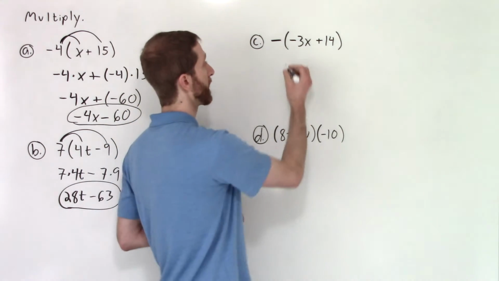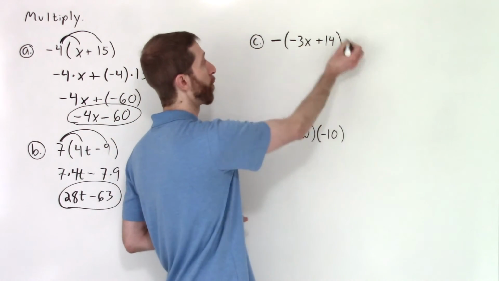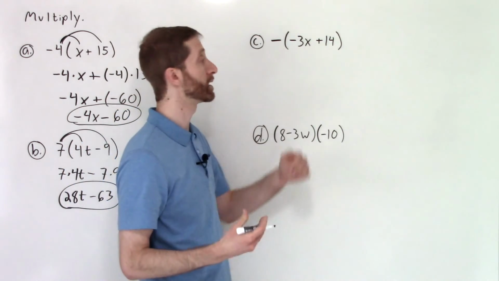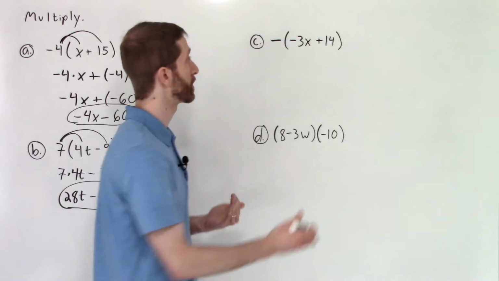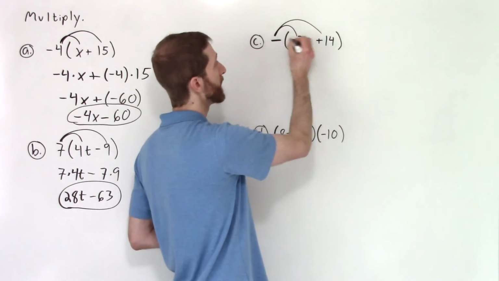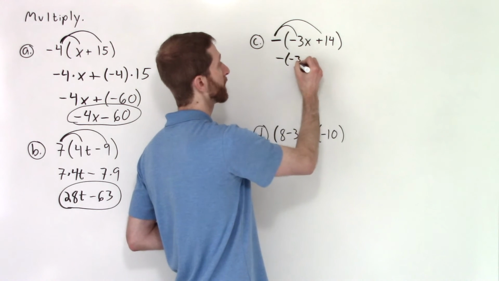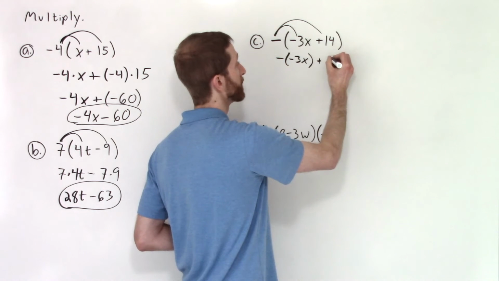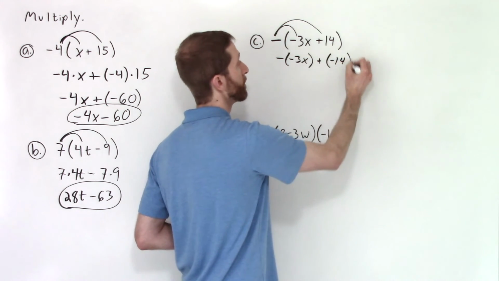The way I like to look at it is that this is the opposite of the quantity -3x plus 14, which means that every sign within that quantity, we're taking the opposite of it. So you can distribute that negative. I've seen it taught this way. So that's the opposite of -3x plus the opposite of 14. And then we could simplify all that down.